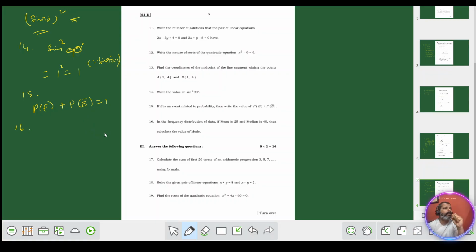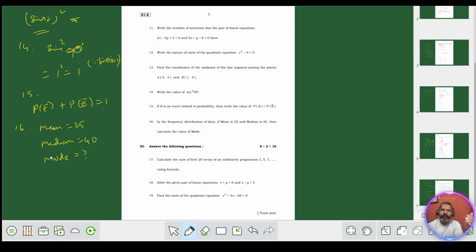The last one in the second main. In the frequency distribution data, if mean is 25, median is 40, what is mode? So remember, these are measures of central tendency. There is a relation between these three: mean, median, mode. What is that relation?